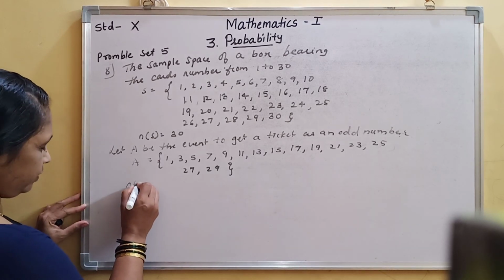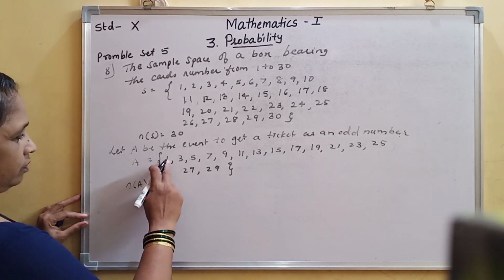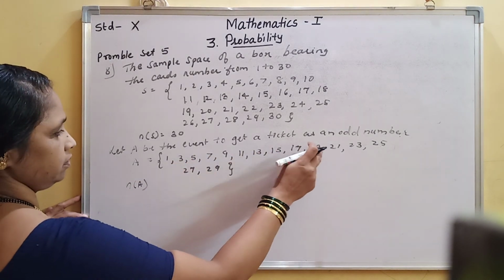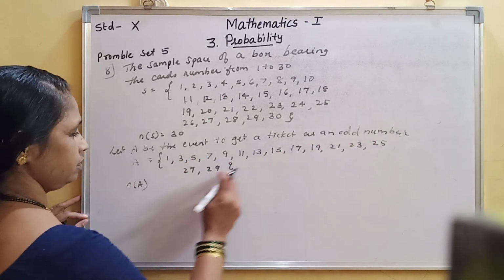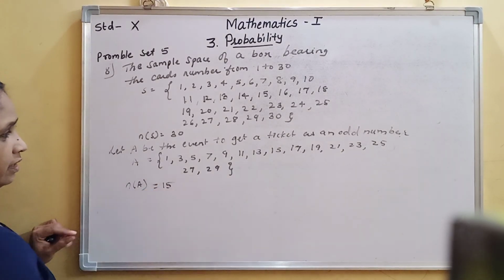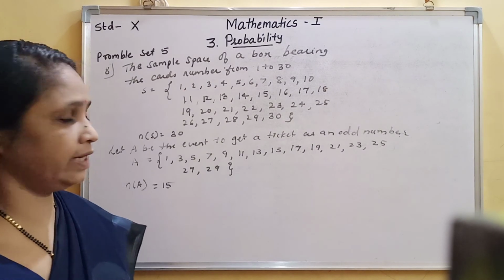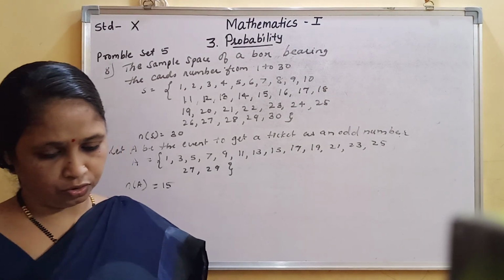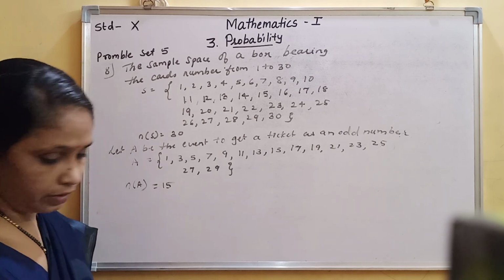So n(A) will be equal to how much? Here 30 numbers are there, so out of that 15 will be even and 15 will be odd. So n(A) is equal to 15.